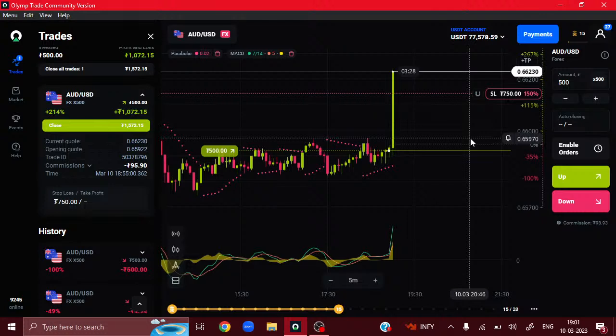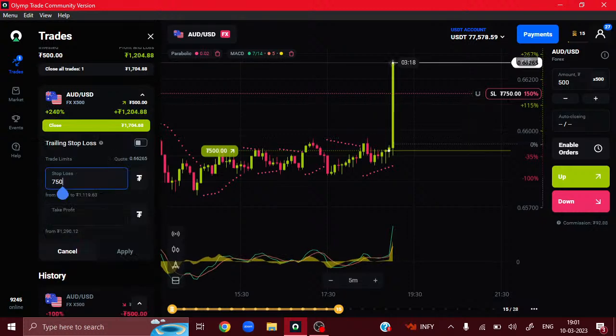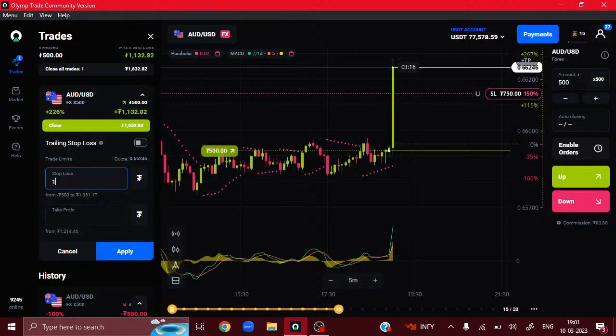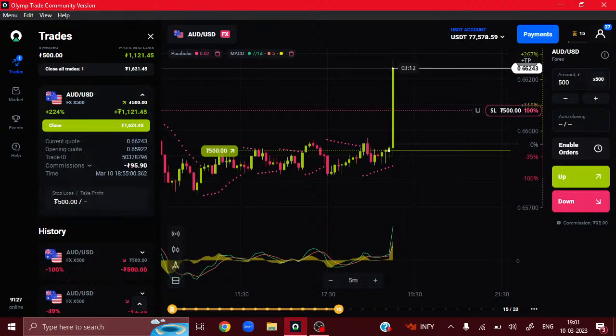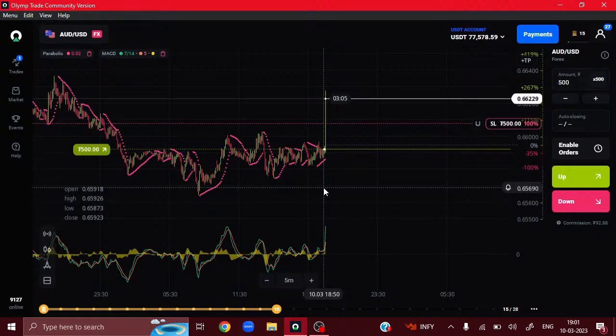Or if you want, you can set your stop loss to 100%. Yeah, so I think I will set my stop loss now to 100%. Click on apply and leave the trade as it is. Alright guys, so let's just wait for a while.